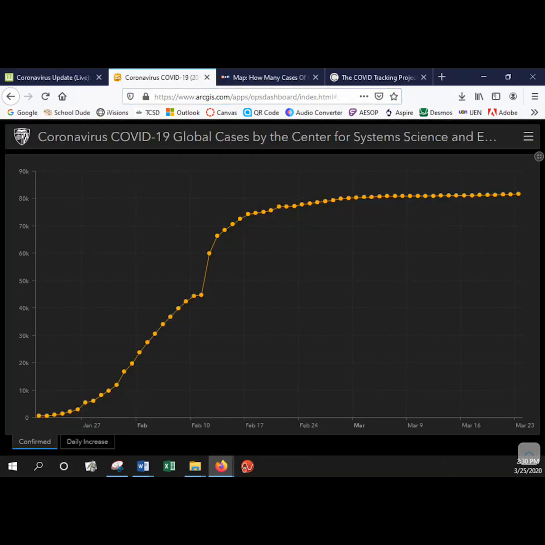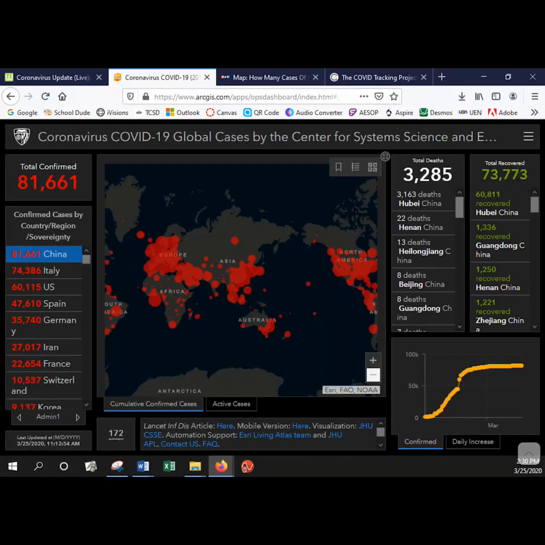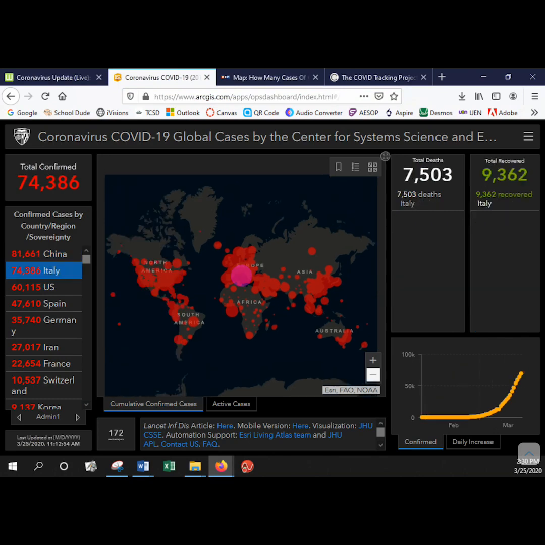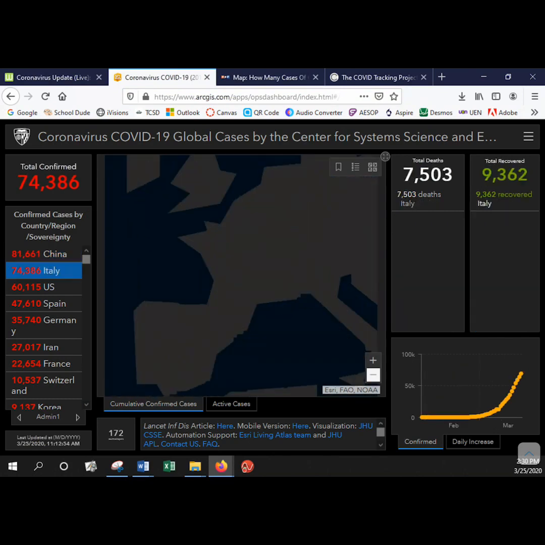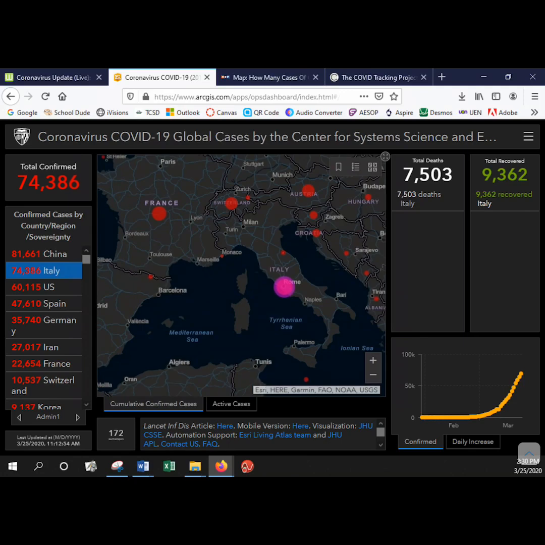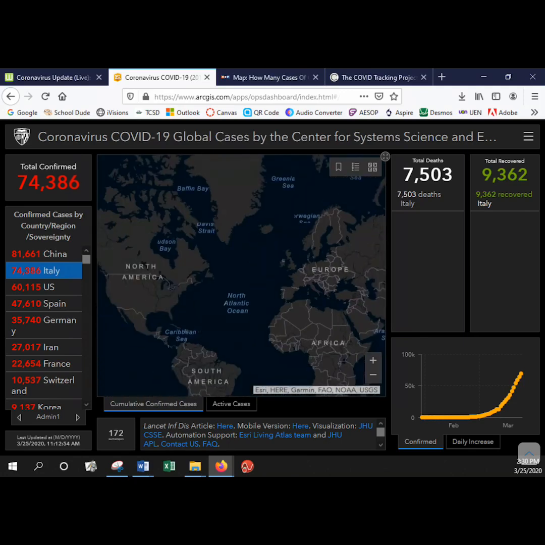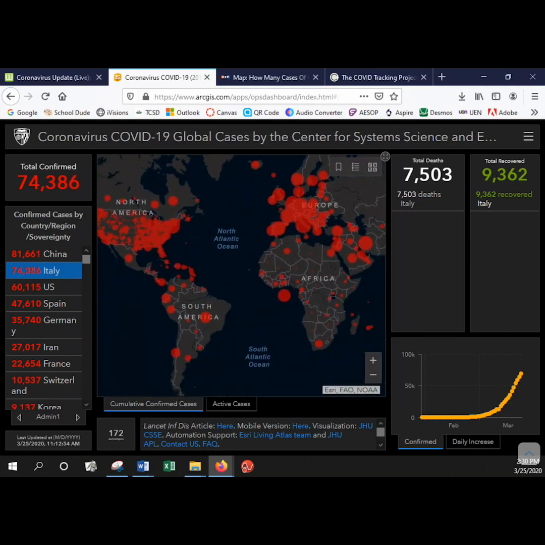They provide some of the data. I really like this one because you can see it graphically, and we can look at Italy specifically. You can zoom in on countries and kind of get a feel for how bad things are, and why it's important that we take steps to help deal with that.